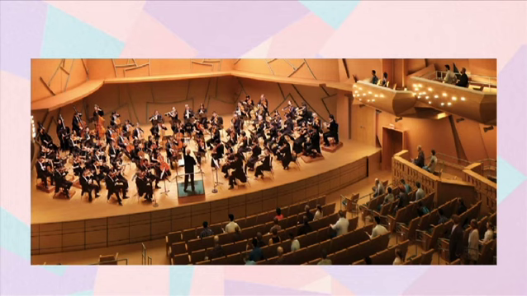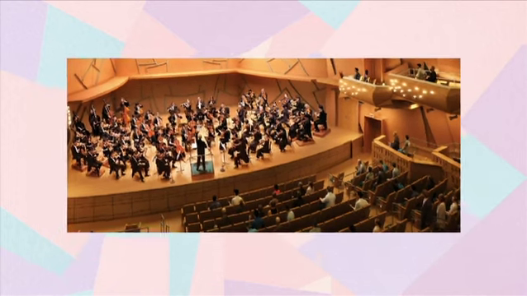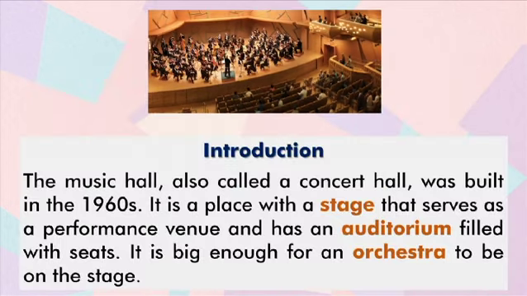So, in our introduction, we can write: the music hall, also called a concert hall, was built in the 1960s. It is a place with a stage that serves as a performance venue and has an auditorium filled with seats. It is big enough for an orchestra to be on the stage.